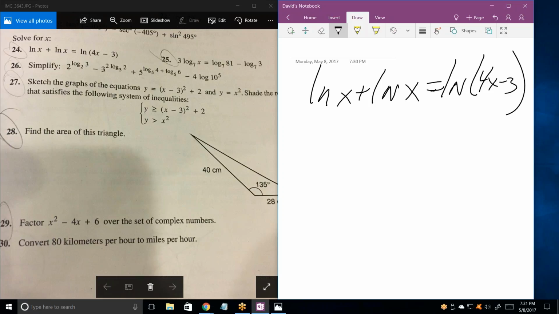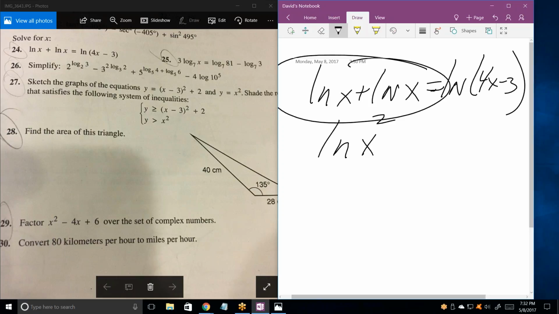Not quite. Remember that when you're adding log functions, it means the arguments are being multiplied. Oh, so x squared. Exactly. So the left side is the natural log of x squared. Now that's equal to the right side. Now you can equate arguments.